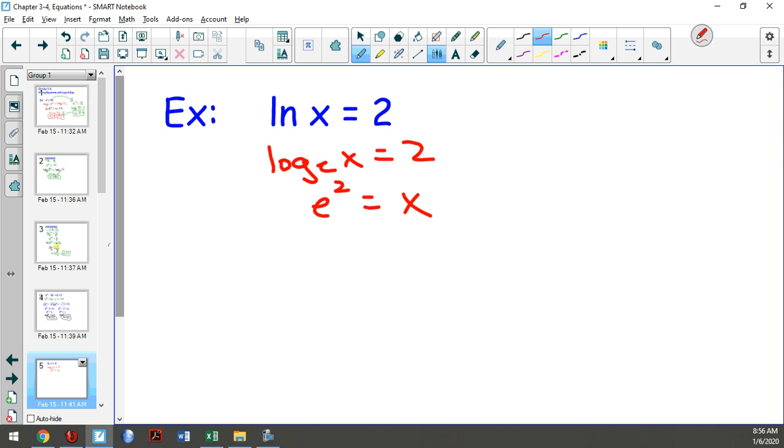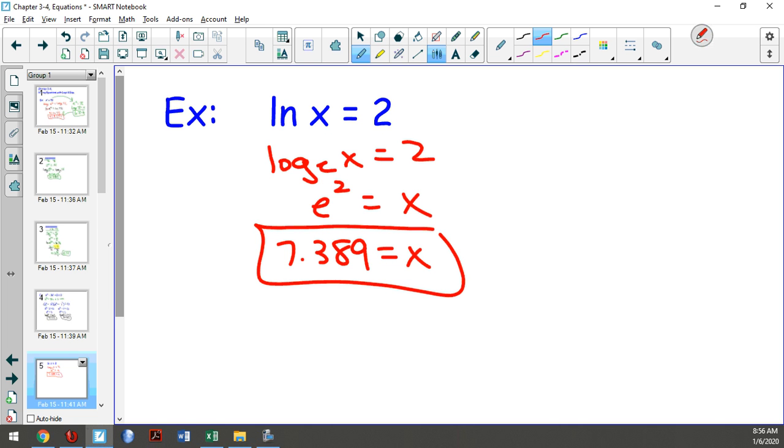He's absolutely right. What is e squared? It's a number, right? So calculate that. What is e squared in your calculator? Do we all understand that, yes or no?